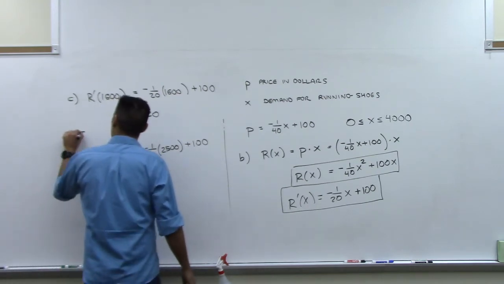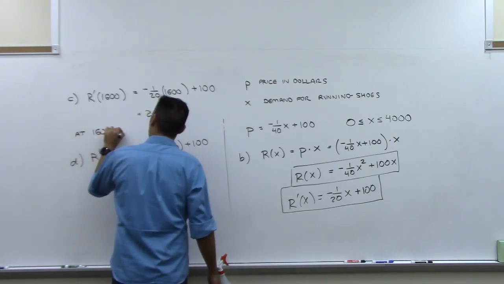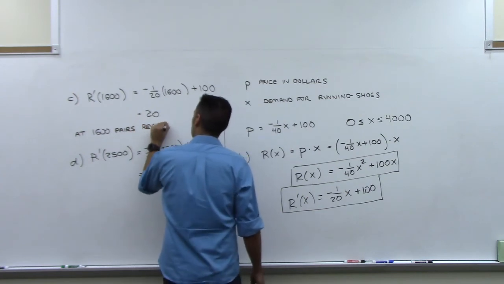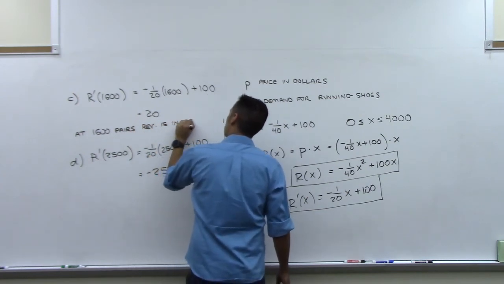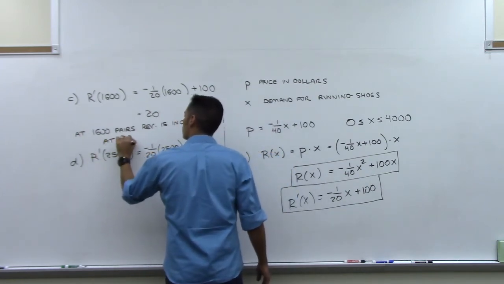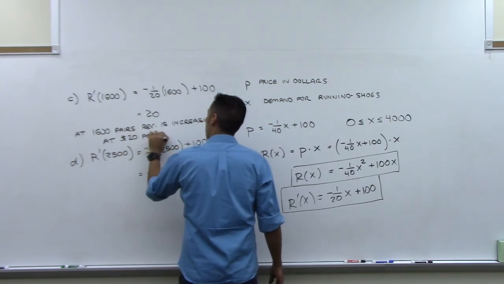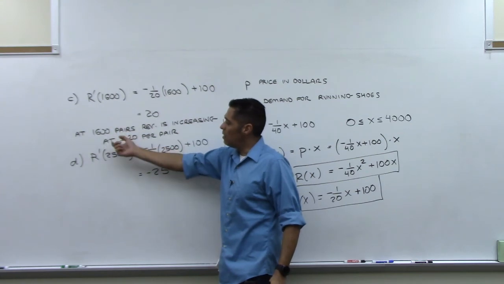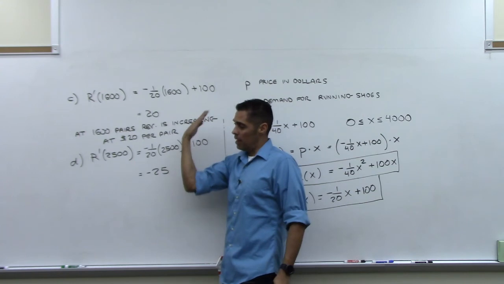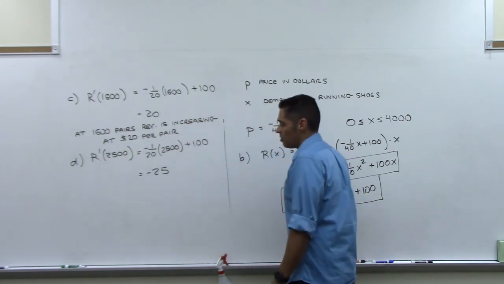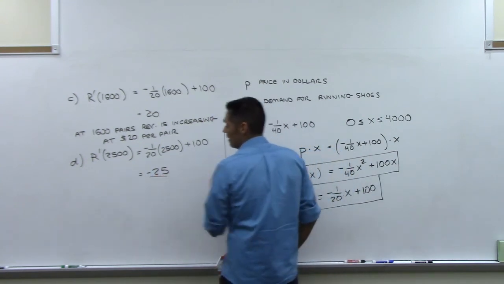At 1,600 pairs, revenue is increasing, because it's a positive answer, at $20 per pair. So at that quantity of shoe sales, 1,600, my revenue is going up at $20 per pair. Now, if I get to 2,500 pairs sold, my revenue is actually going to be going down.